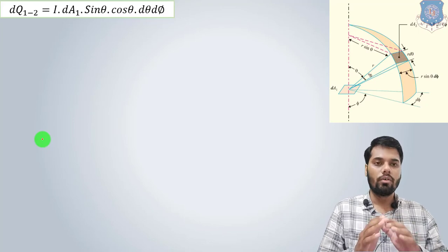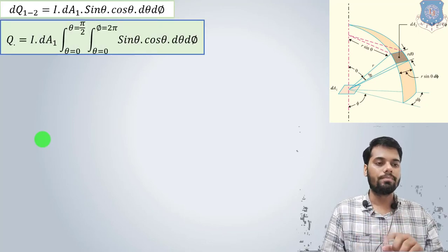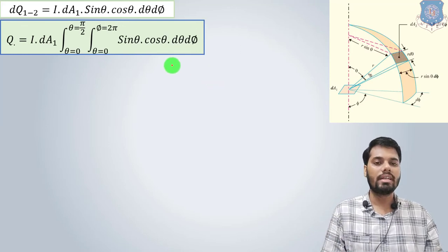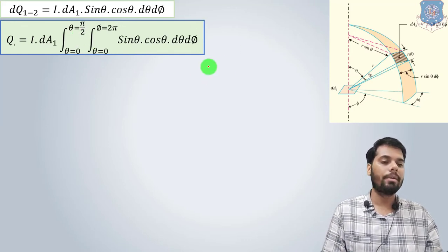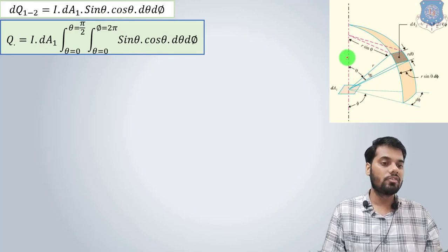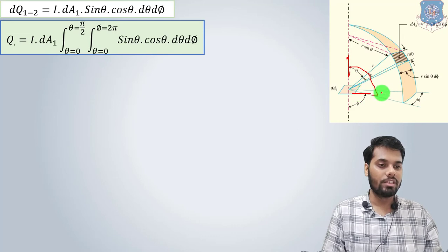So to get the value for the whole area of A1 to A2, we have to integrate this with respect to theta and phi, putting upper limit and lower limit. For theta, because this is a hemisphere, the limit is from 0 to pi by 2.